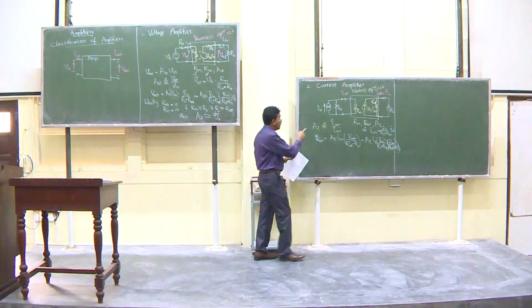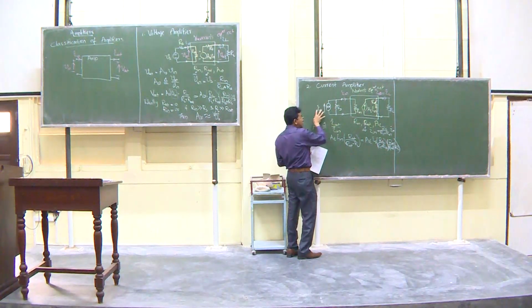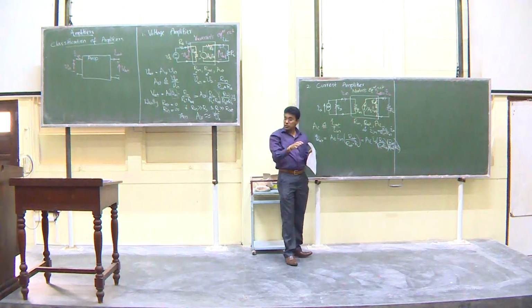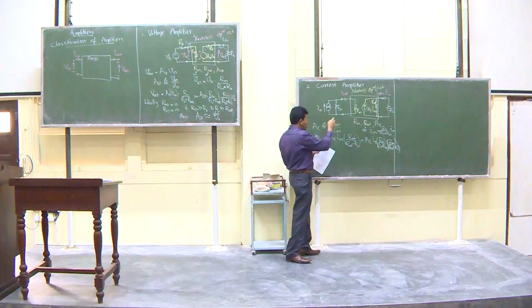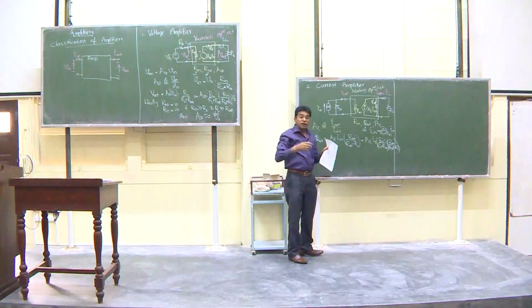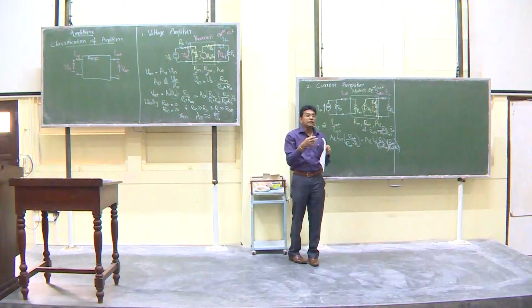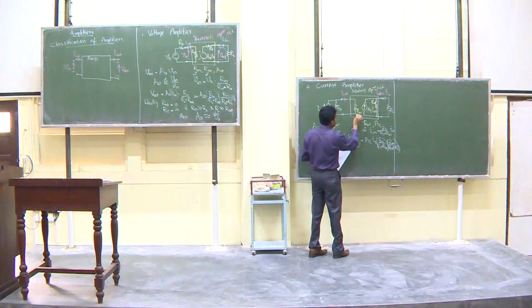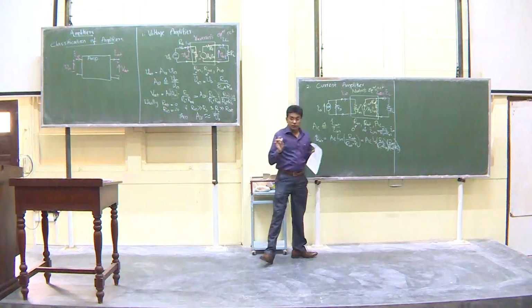Similarly, because we do not have any control over Rs, there will be some component going through this Rs, and if you want to minimize that component, we need to ensure that this R in is as small as possible compared to Rs. Ideally 0, right. So, this has to be 0, this has to be infinity, ideally.